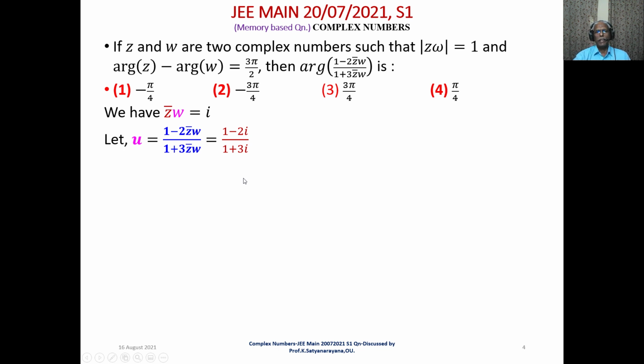What do we do? We rationalize, that means we multiply both numerator and denominator by the conjugate of the denominator, that is 1 minus 3i.